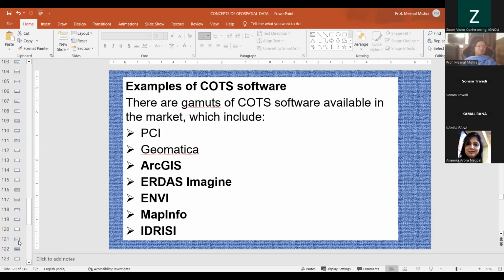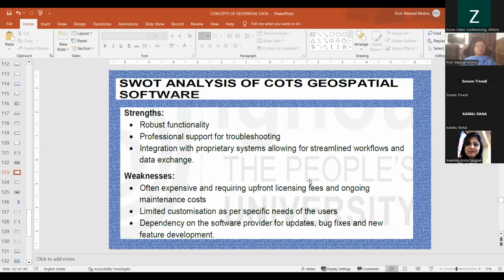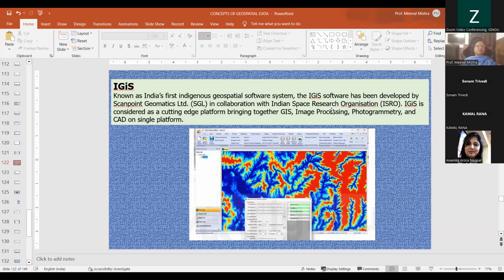So now further, there is also indigenous software we have, that is GRAM++. This supports digital vector data format, and this is used by Survey of India to improve its usability in Indian settings. Okay.